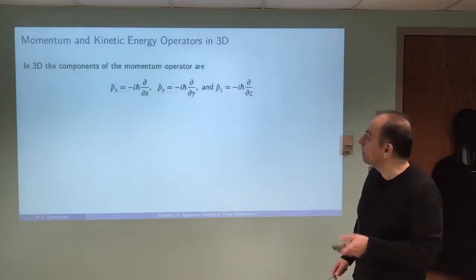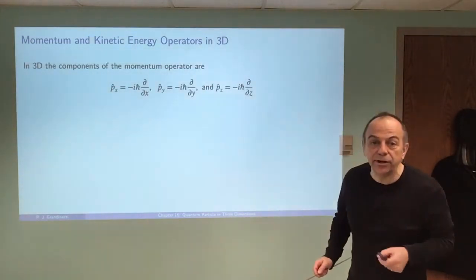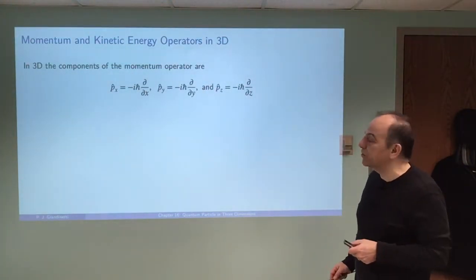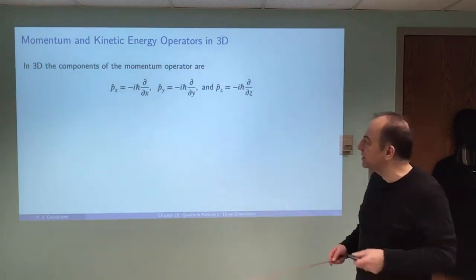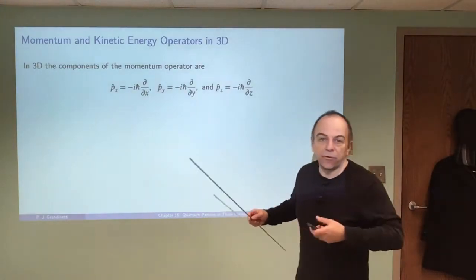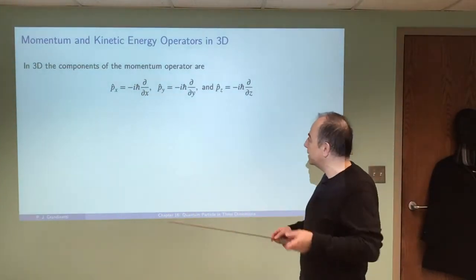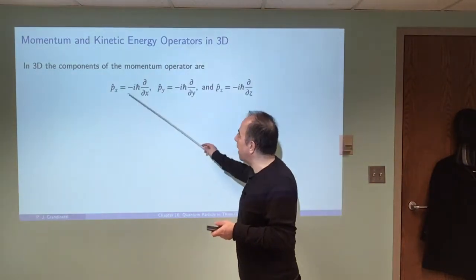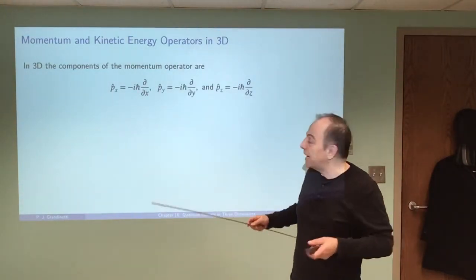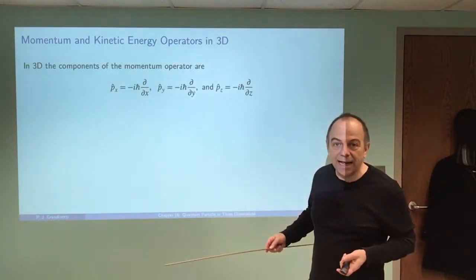One thing that we have to worry about is how the linear momentum operator is going to appear in 3 dimensions. We've already worked out the momentum operator for 1 dimension applied to the wave function in the position basis, and that was just minus i h bar times the derivative with respect to x. Now in 3D, it's going to be the partial derivative with respect to x.